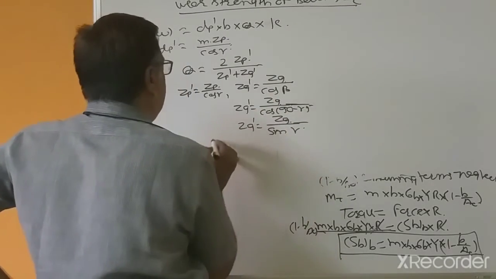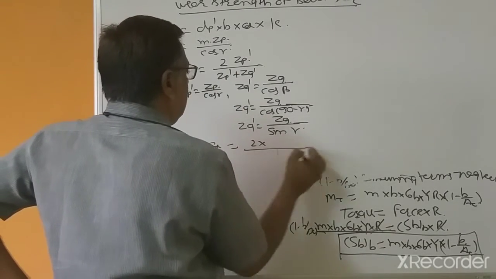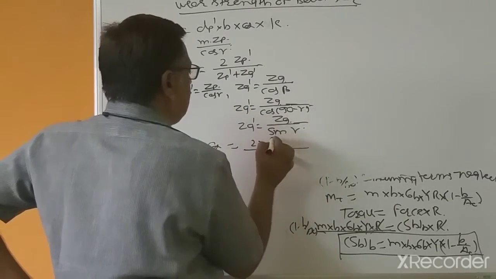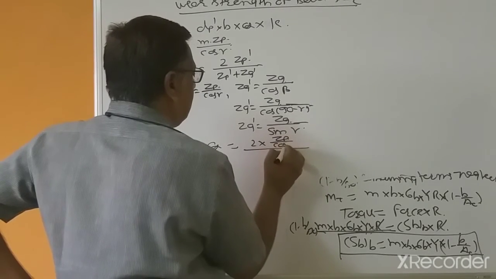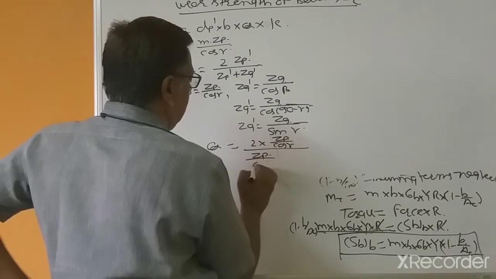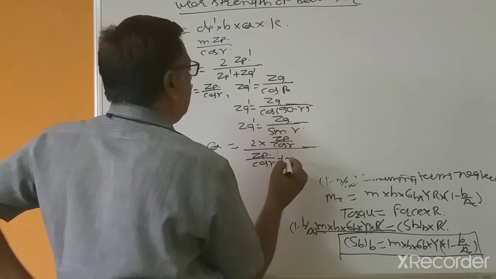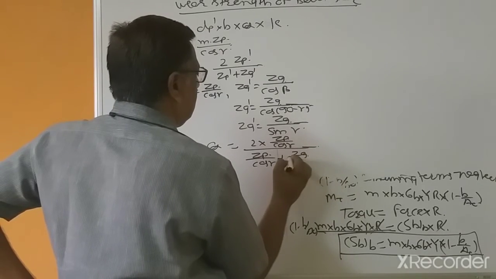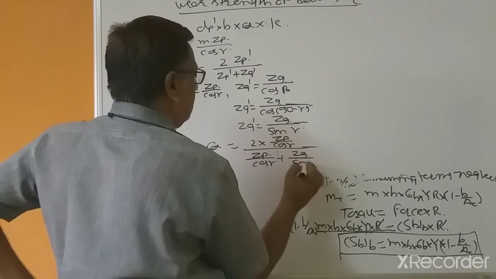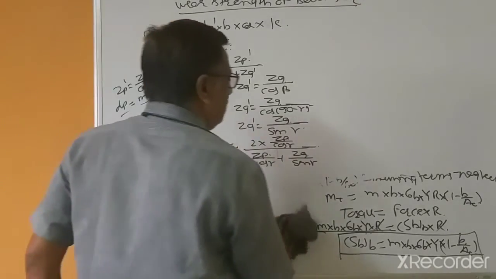Now put both values in these equations: 2 into Zp divided by cos gamma plus Zg divided by sine gamma.